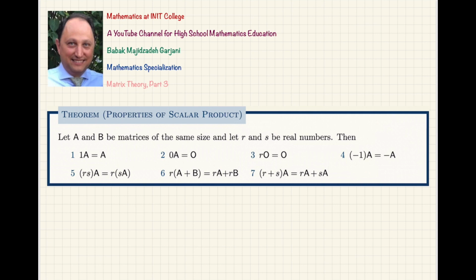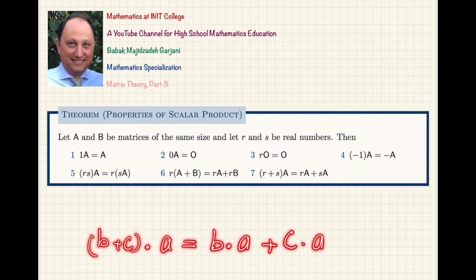No, because you need to be careful here. What is this addition? This addition is between numbers, but this addition now is changed. This addition is between two matrices. So in distribution, if I write B plus C dot A, on the right hand side I say B dot A plus C dot A. These dots are the same dot.